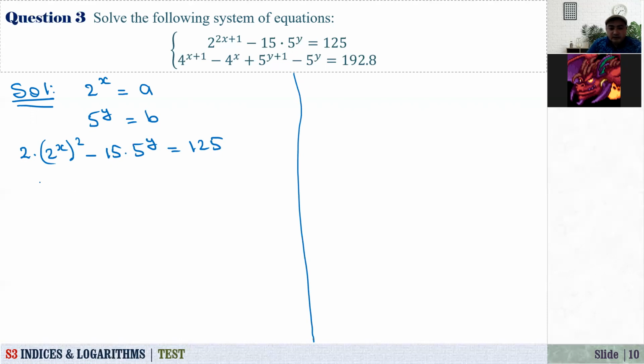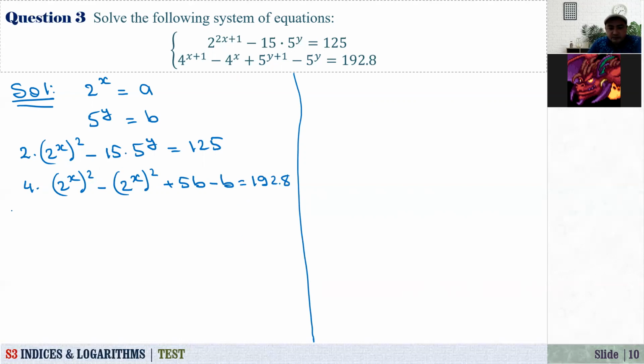The second one is, here we have 4 times 4 to the power of x, that is 2x squared, minus 4 to the power of x, that is also 2x squared, plus 5 to the power of y plus 1, we can write it as 5 times 5 to the power of y, that is 5 times b. And the minus, how about 5 to the power of y, that's just b. On the right hand side, we have 192.8.